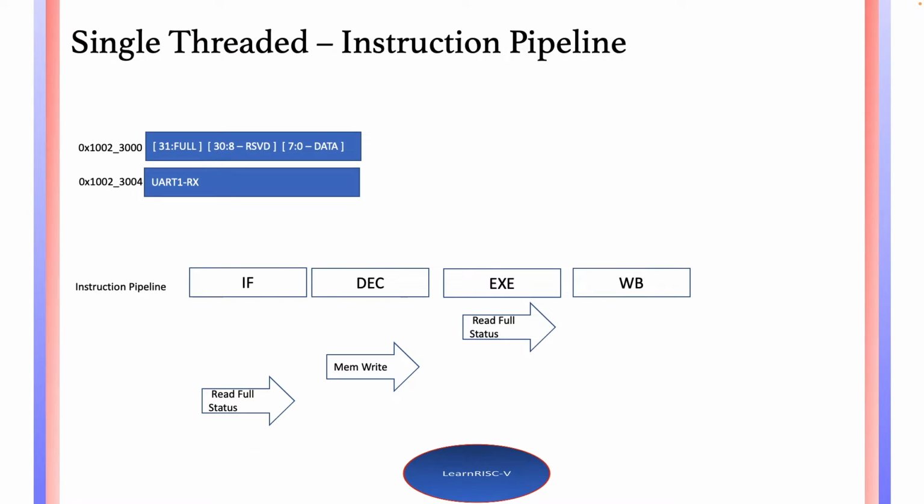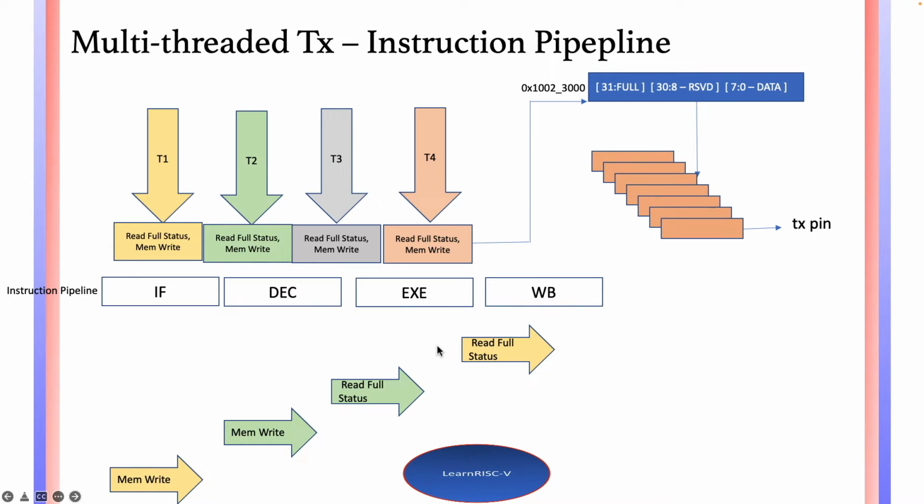In the previous single threaded application, there's no possible way of this going out of order, whereas in this multi-threaded case, this can easily happen. If you see, just match the colors. This read full status of thread 1 is here, before the memwrite.